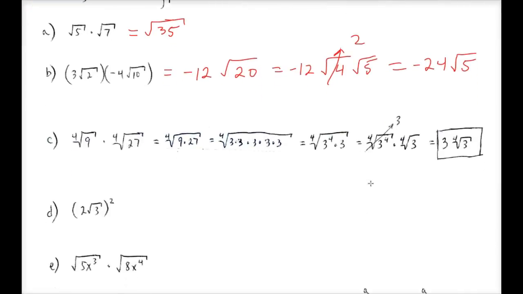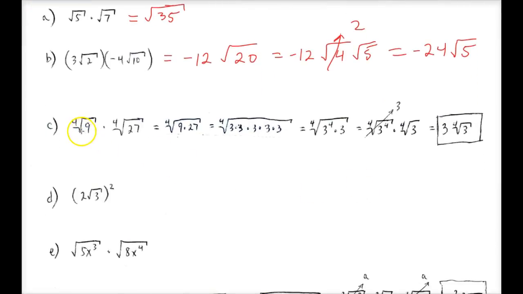Similarly, for example C, we see that we have the fourth root of 9 times the fourth root of 27. So we know that we can multiply all that together. We see that in this example 9 is 3 times 3, and 27 is 3 times 3 times 3. So if you notice, we actually have 4 3's that are factors here. 1, 2, 3, 4.